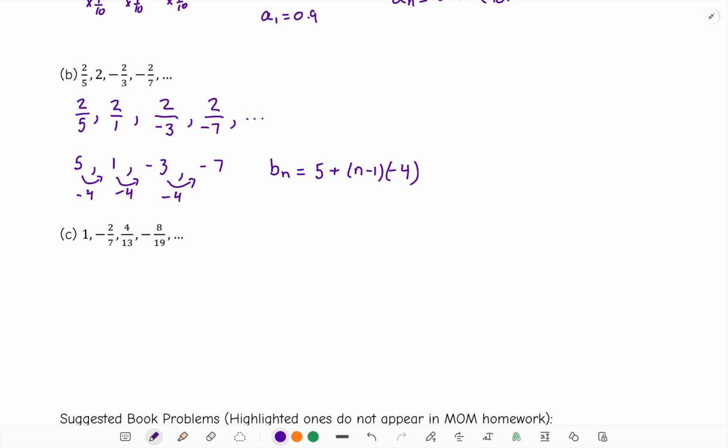I don't want that to look like -4, so I'll put parentheses around it. So if you distribute this and combine like terms, you get 9 minus 4n. Now this closed form is only for the denominators though. For the original sequence, it's going to be 2 over that. So this is our answer for part B.